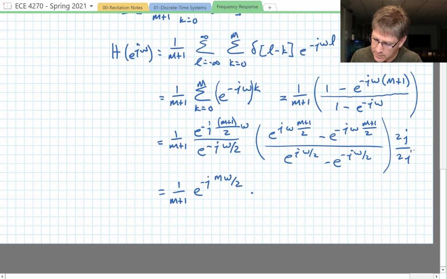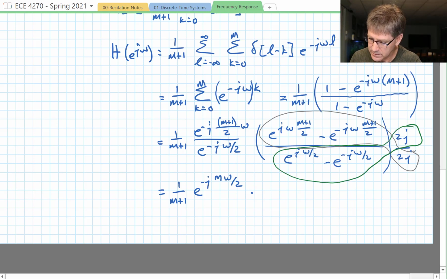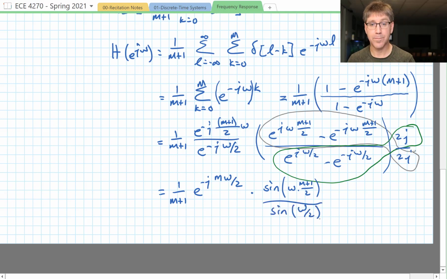But now this is equal to a sine, and this is equal to a sine, giving us sine of omega times m plus 1 over 2, over sine of omega over 2. And this is called a Dirichlet function.